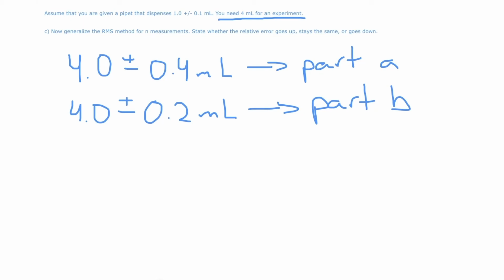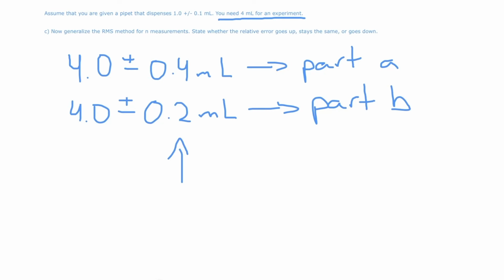So if we look at part A, in part A, we're assuming that we're taking the maximum error for every measurement, which is going to be plus or minus 0.1 milliliters. But in reality, as we see in part B, this error is significantly less, or actually half of the error or uncertainty from part A. So what we can conclude from this is that the errors don't take on the maximum potential error during each measurement.